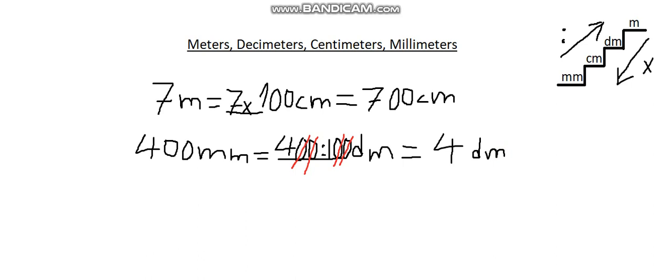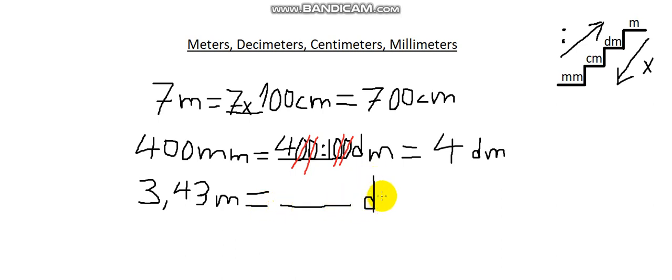Now, what if I have a decimal number? Like, let's say I have 3.43 meters, and I want to convert that into decimeters again, let's say.